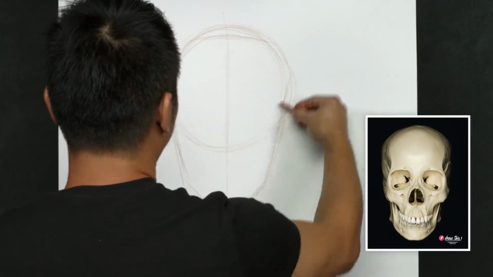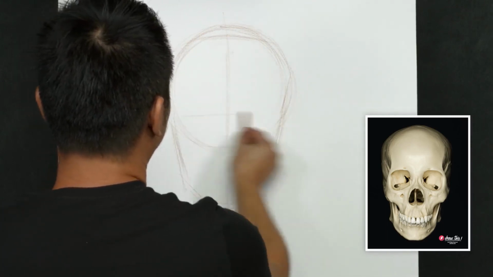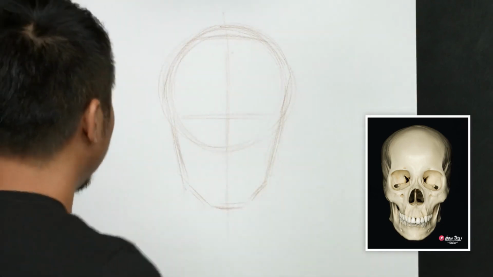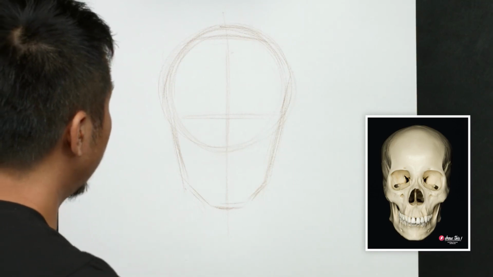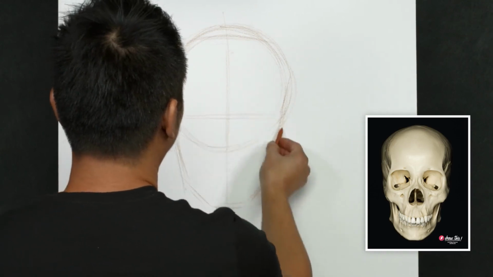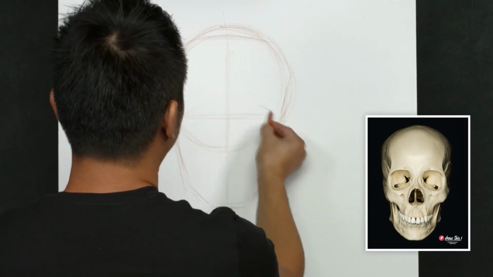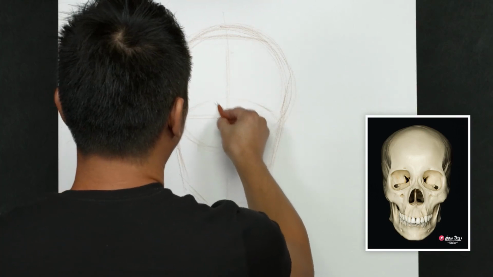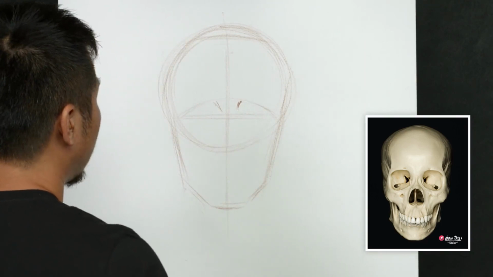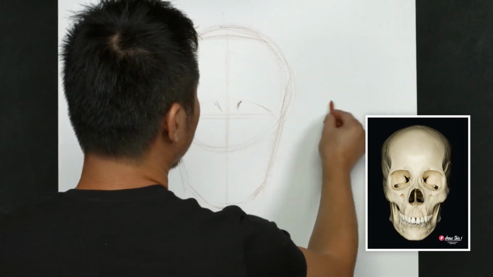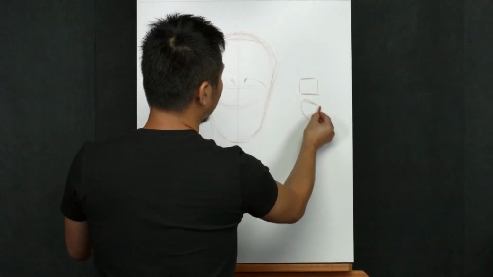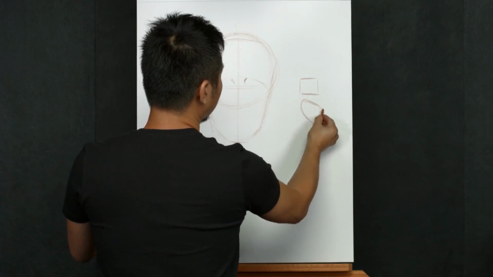The next thing we have is the eye line. Like I mentioned in the structure lessons, it's about in the middle of the head, and we have the socket, the orbit of the eyes, running on each side. You can see they are actually a tilted box. It's not a perfect square like this. It's a slightly tilted square, and I usually think about the aviator sunglasses shape.